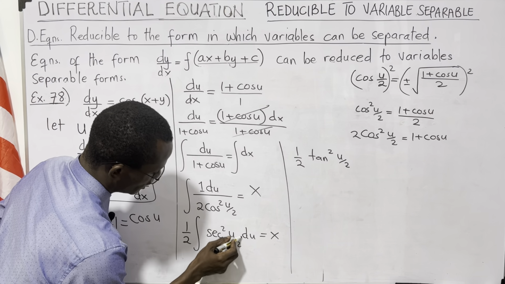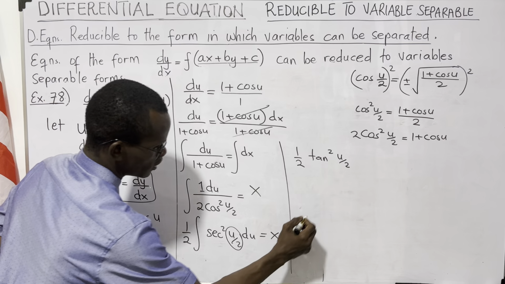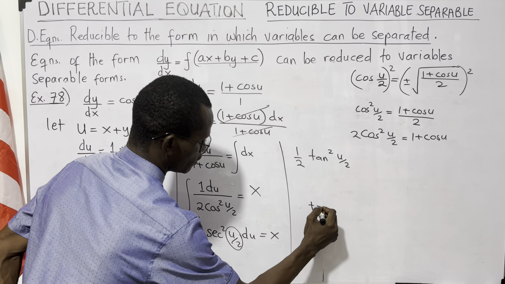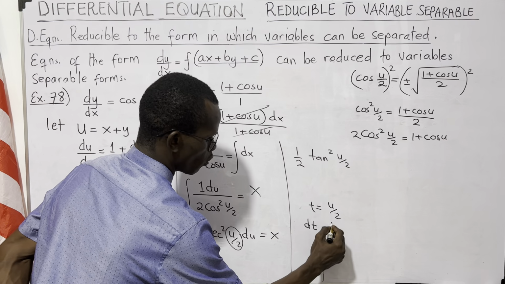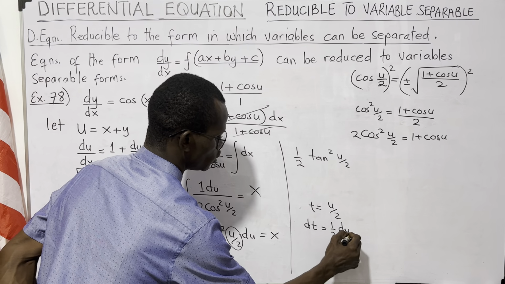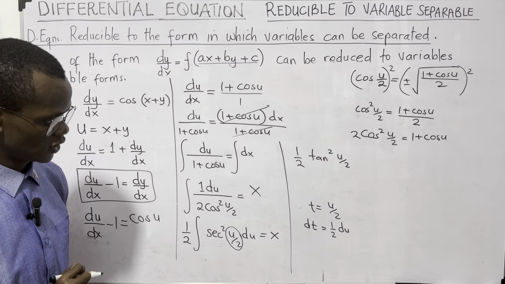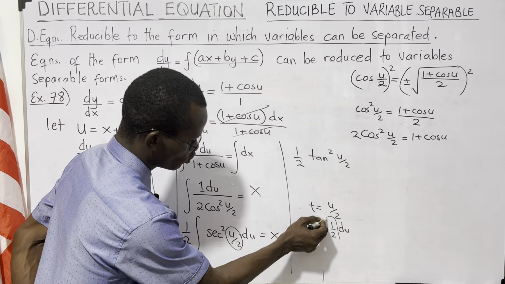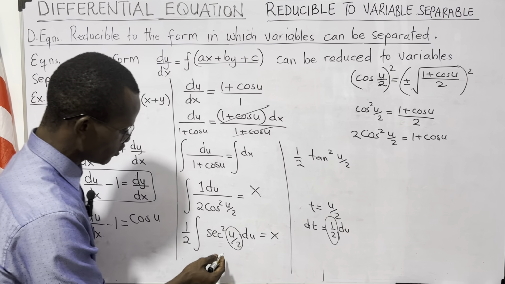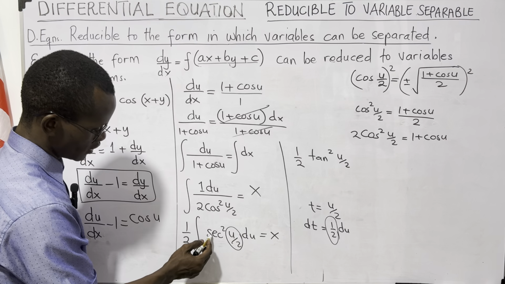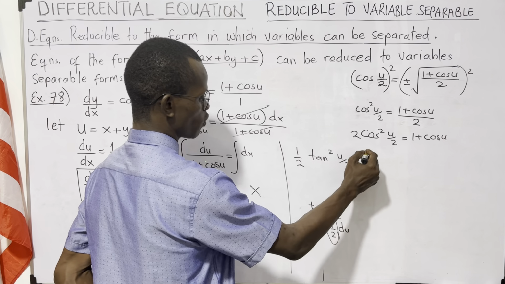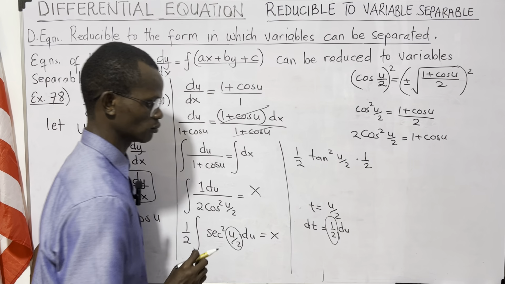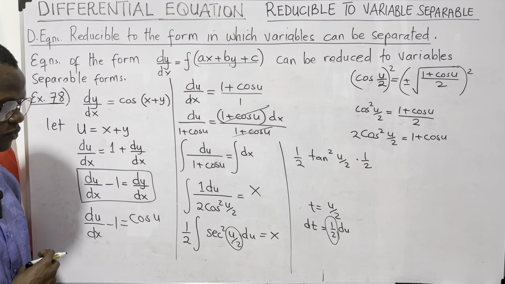But if we were to say let t equal u over 2, the dt will be 1 over 2 du, right? So this 1 over 2, when we integrate this secant square u over 2, we must attach 1 over 2. It is part of it, right?